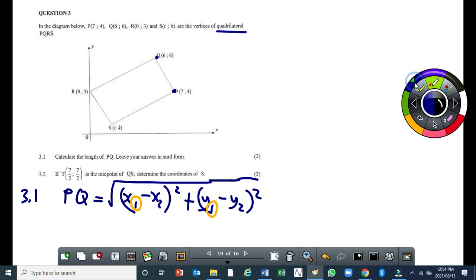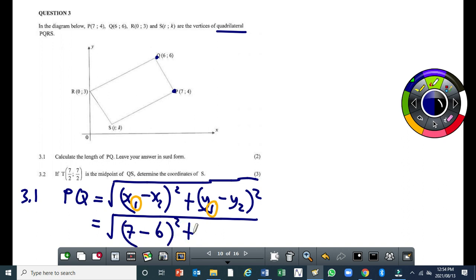Then we substitute. If I consider the coordinates of P as my x1 and y1, then I'll end up having 7 minus 6 squared plus 4 minus 6 squared.